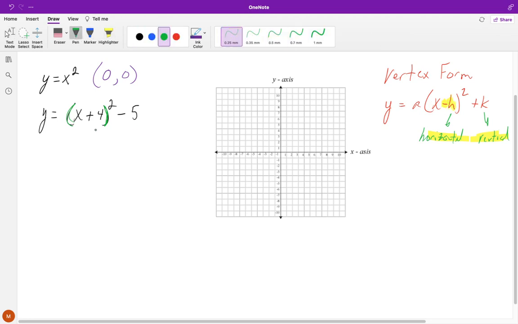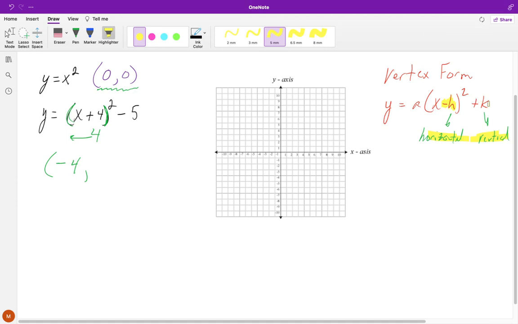So when we see plus 4, we can ask ourselves, what number will get us back to 0? Well, negative 4 will. So the vertex needs to move to negative 4, which means we're moving to the left 4 units. My vertex originally with my parent function is 0, 0. Now, since this is affecting our x directly and it's telling us we're moving to the left 4, we can represent that as a negative 4 for x.